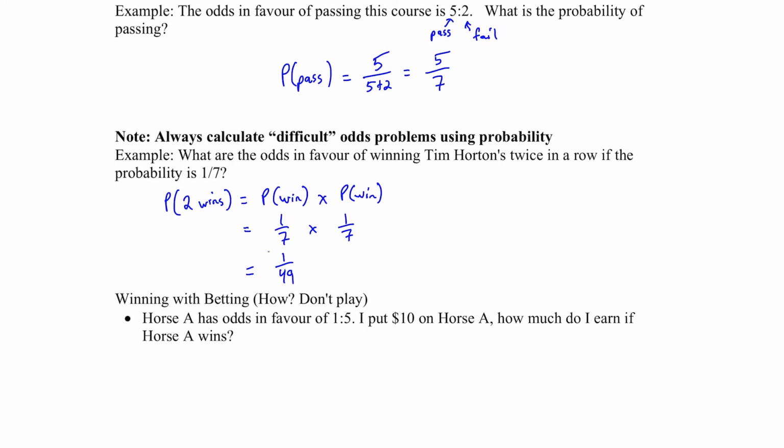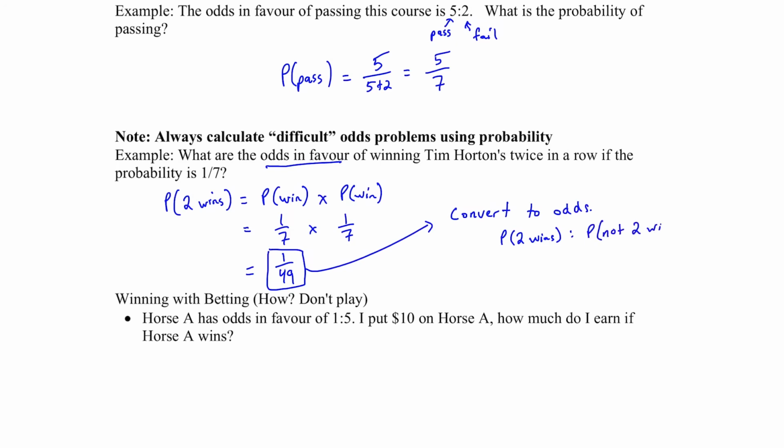Okay, so once I get my final answer in probability, I'm going to convert to odds. So the question really was, what are the odds in favor? So in favor means start with a positive. So it's the probability of 2 wins to the probability of not 2 wins.